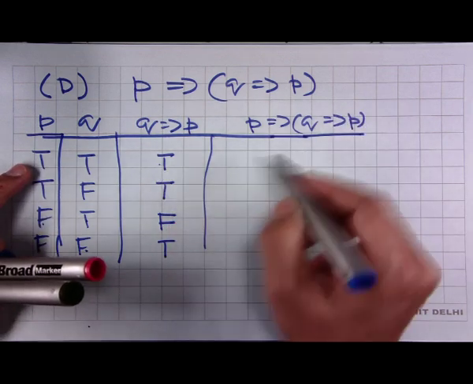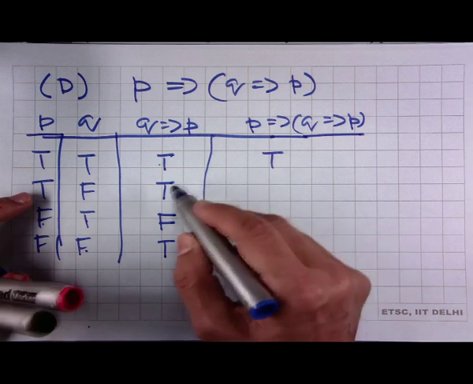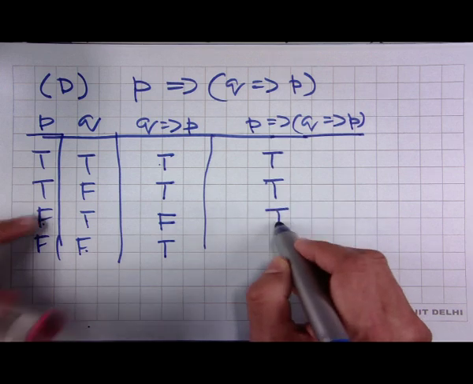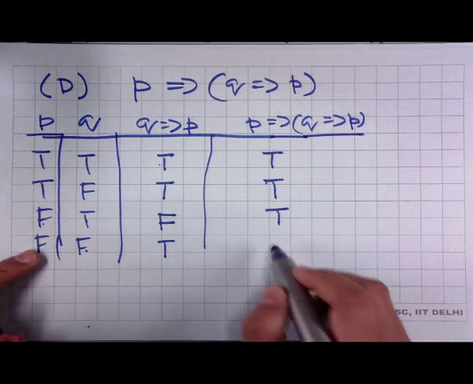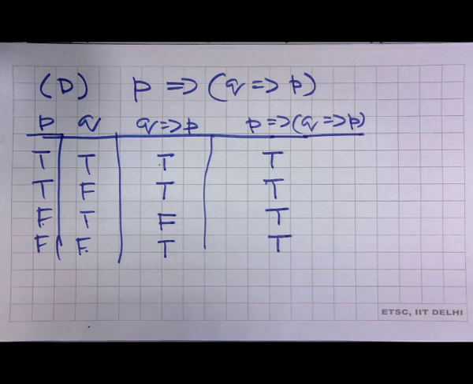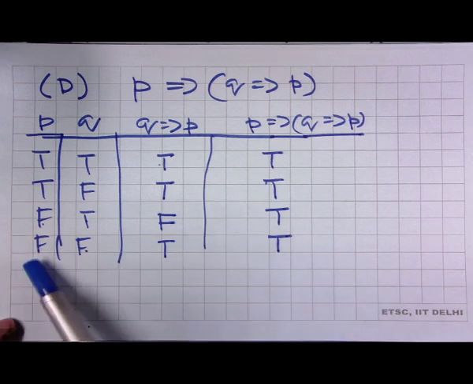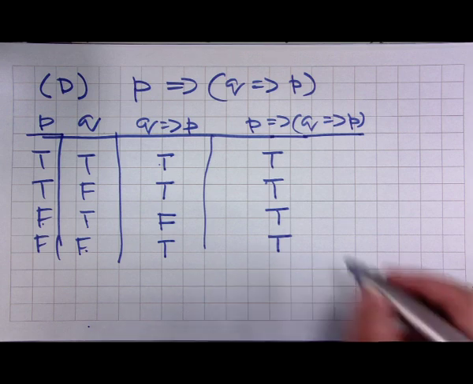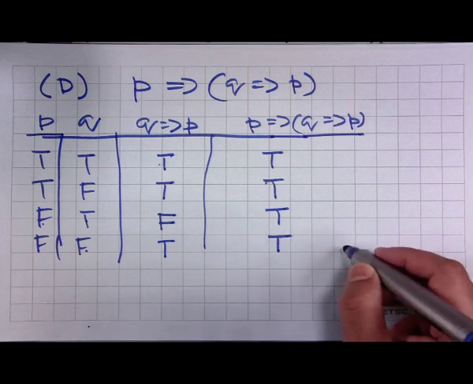It is true implies true is true. True implies true is true. F implies F is true, and F implies true is true. Therefore, it is not at all a contradiction, rather it is a tautology.